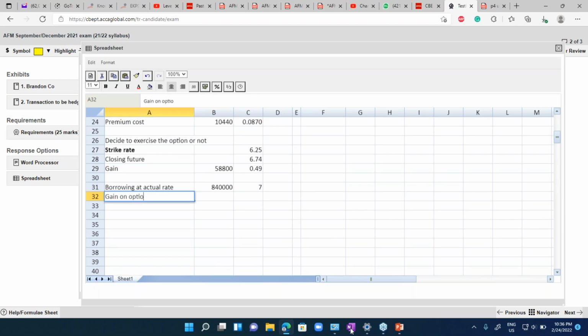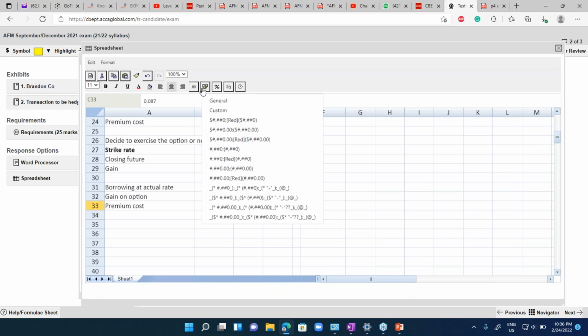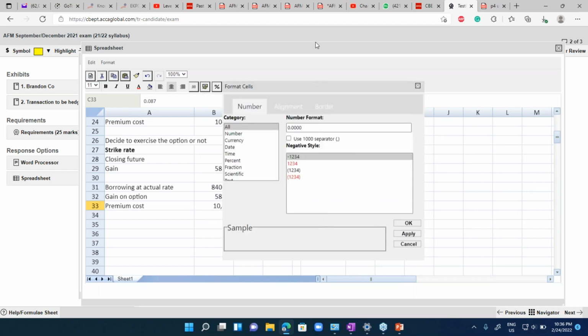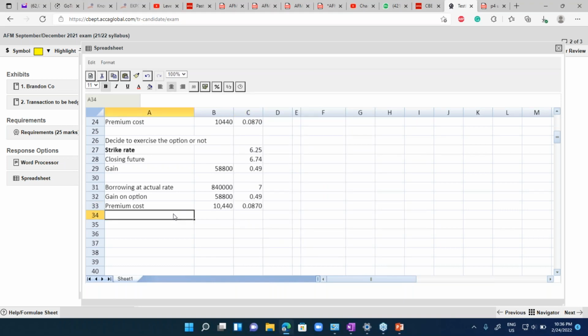Gain on option. Premium cost. Net receipt.